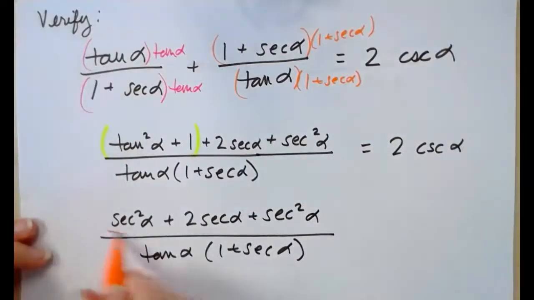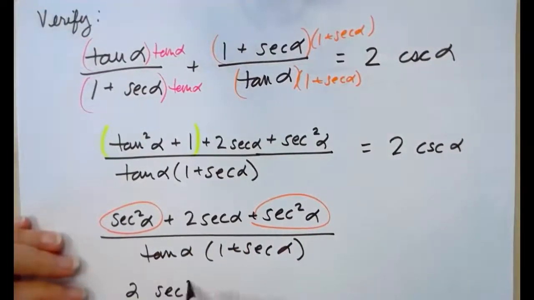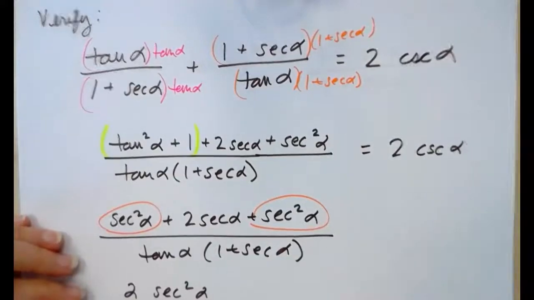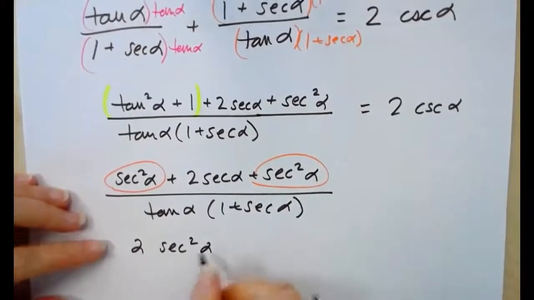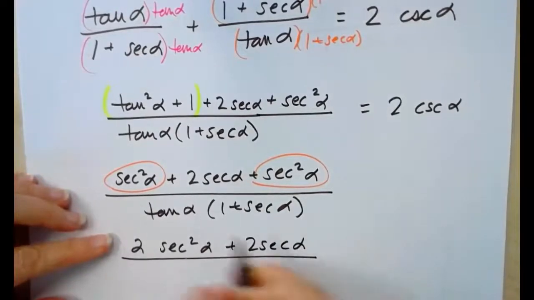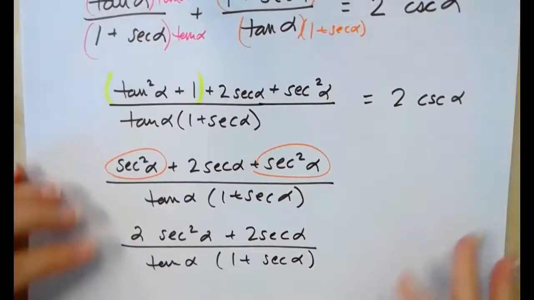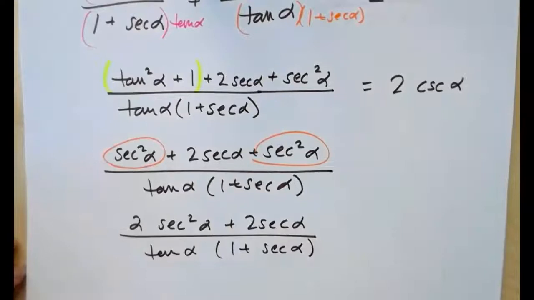Of course, secant squared plus secant squared is 2 secant squared. So I probably could have written that, but wanting to show every possible step here. So now we are at 2 secant squared alpha plus 2 secant alpha over tan alpha times 1 plus secant alpha. Next thing we can do here is factor.